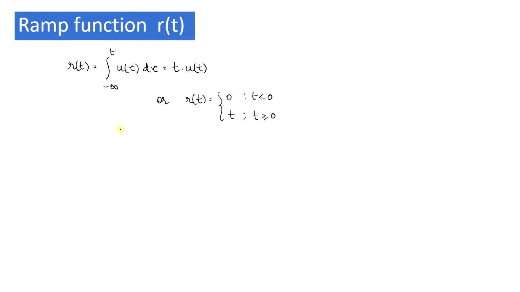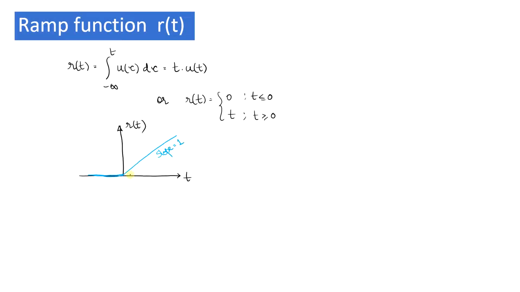If I have to represent the ramp function, for t less than 0 it is 0, and for t greater than 0 it is equal to t. So you will have a slope which is equal to 1.